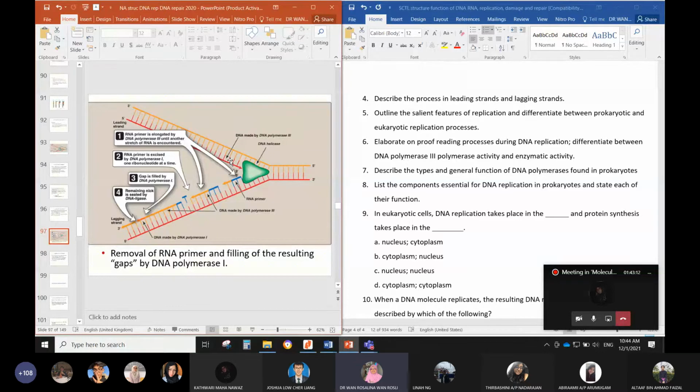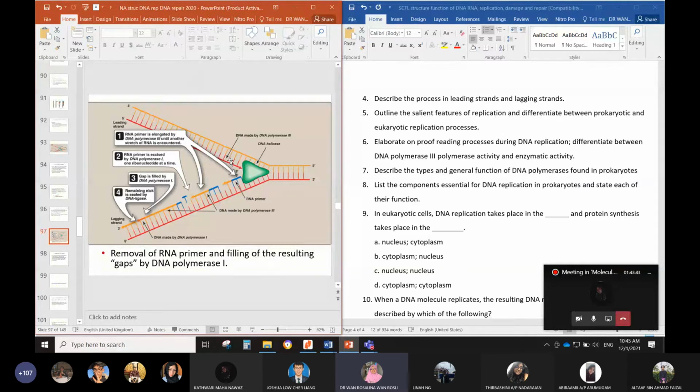You have your RNA primer, and then DNA polymerase 3 adds on until it comes into contact with another RNA primer. Now it cannot add on anymore because another primer takes up the space. So it synthesizes this lagging strand in fragments, and these are the Okazaki fragments.